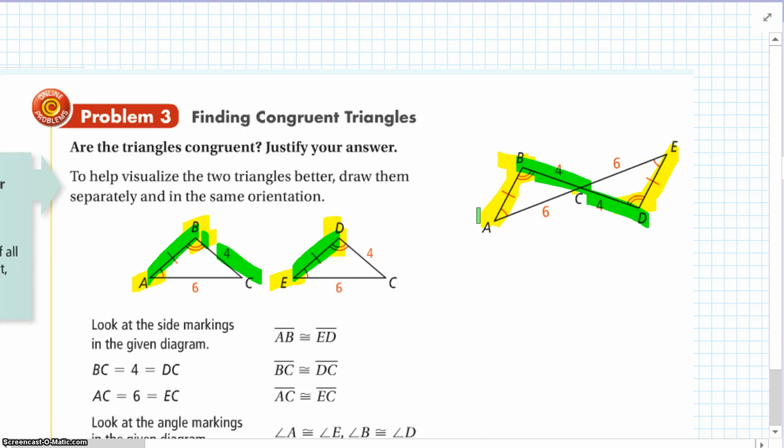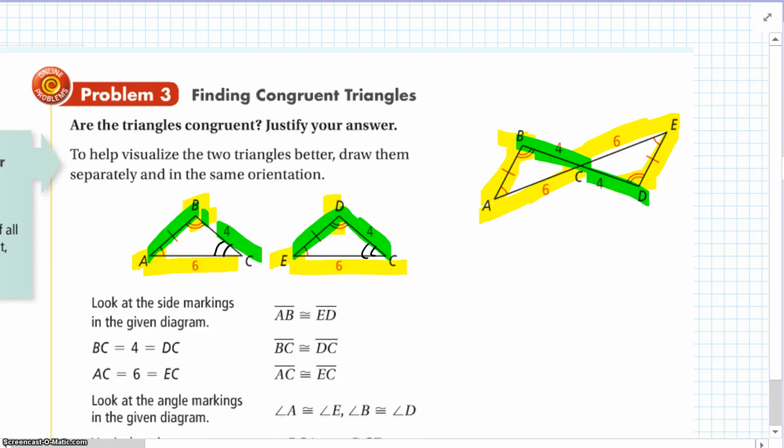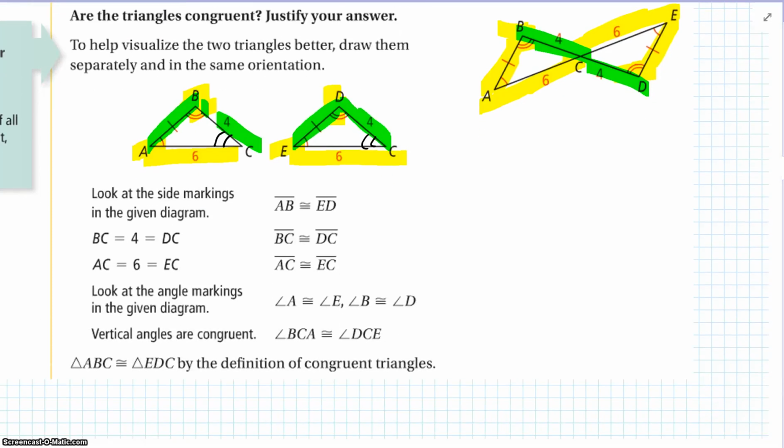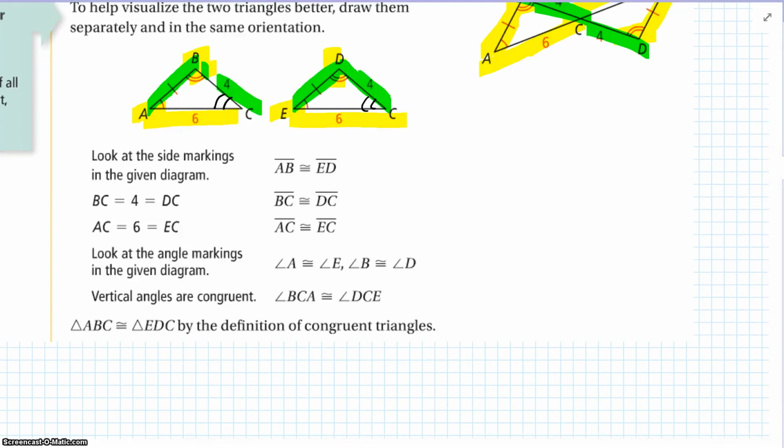We know DC is 4. And we know angle C is the same because it's vertical angles. And then we know AC is 6. And we know EC is 6 as well. So we're able to prove all angles are congruent and all sides are congruent. So therefore it must be a congruent triangle.